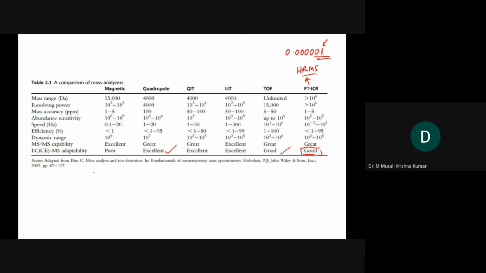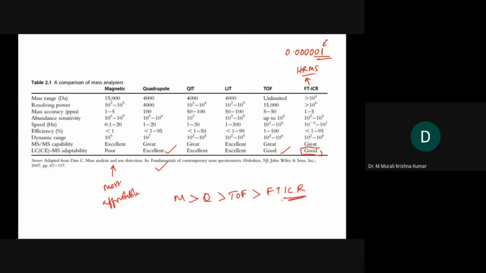But one more thing is we have to also see the pricing. So magnetic sector is the most affordable. Next comes quadrupole. Next comes TOF. Next comes FTICR.